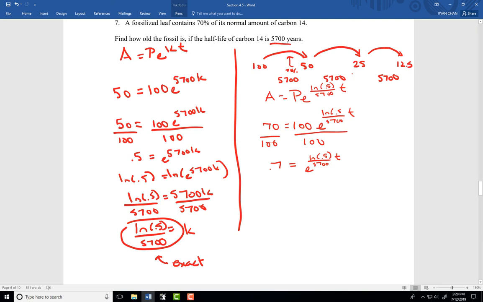Then we take the natural log of both sides. I know the right-hand side looks really weird, but it'll clear things up once we take the natural log. This natural log will cancel with this e, so I'm left with natural log of 0.5 all over 5,700 times t.